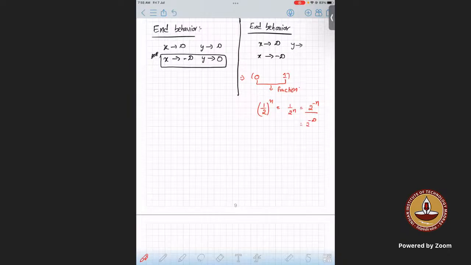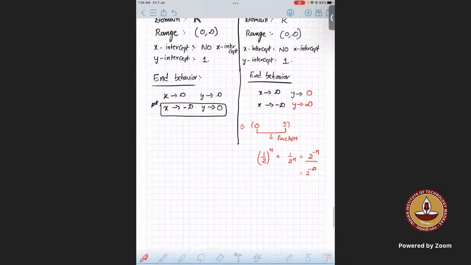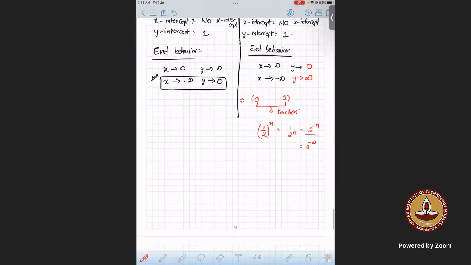Are you getting the point? So it is 0. Here y tends to infinity. Clear? You understood in a pretty good way using the graph, but I want to make sure you understand the mathematics also. Clear till now? Yes, sir.